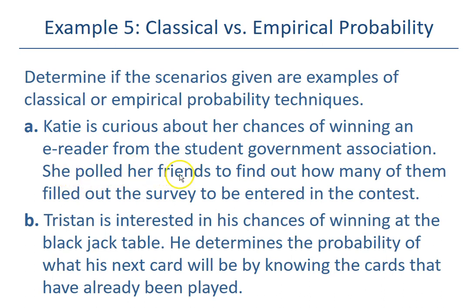She polled her friends to find out how many of them filled out the survey to be entered in the contest. So this is an experiment, and her sample space is based on the number of students interviewed. So A would be empirical. Hopefully you'll agree with that.